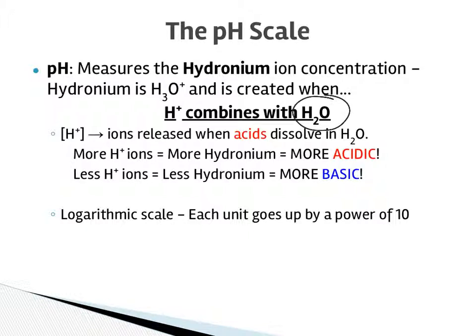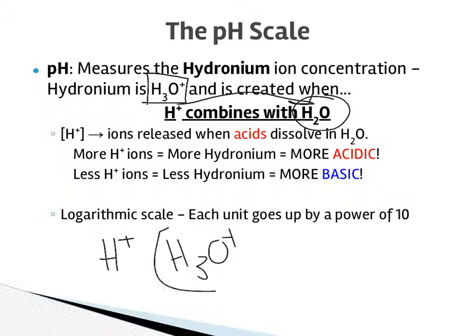So if I get H2O and then I throw in the H+ there, that's how we got the H3O+. The H+ and H3O+ we kind of use interchangeably, but typically I stick with H3O+ rather than saying H+, but they're referring to the same thing. The hydrogen ion is released when acids dissolve in water.